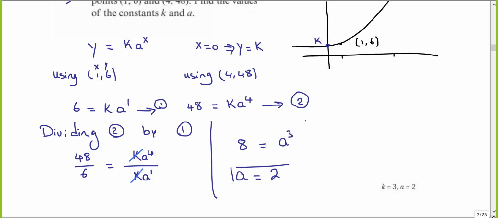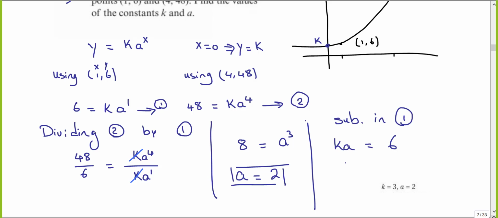So we have the first value, 2. Now go back and substitute in either one. We can substitute in equation 1, it's the easier one. Substituting in 1, we have k a equals 6. We already have a equals 2, so k times 2 is 6. So from this, you can say k is 3.